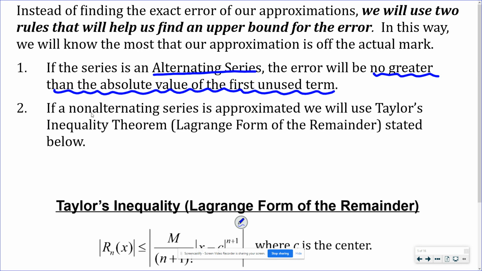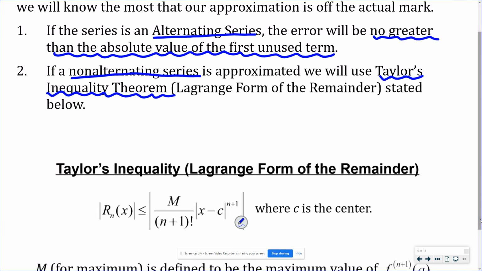Scenario number 2, if you have a non-alternating series, you will approximate it using Taylor's inequality theorem, also called the Lagrange form of the remainder, or the Lagrange error. Different names for it, but here's what that looks like.